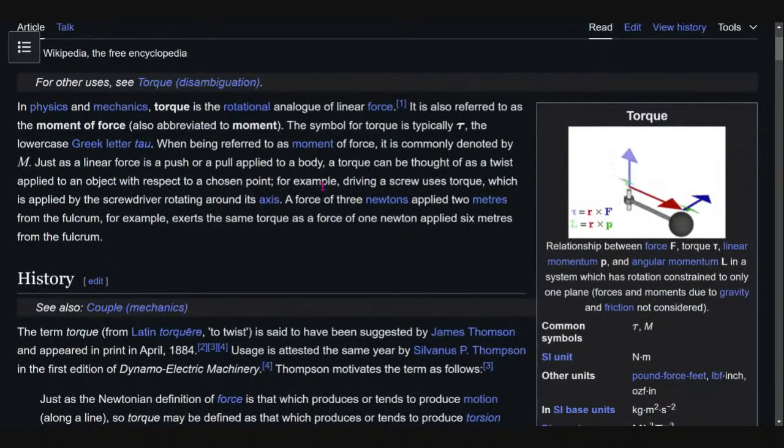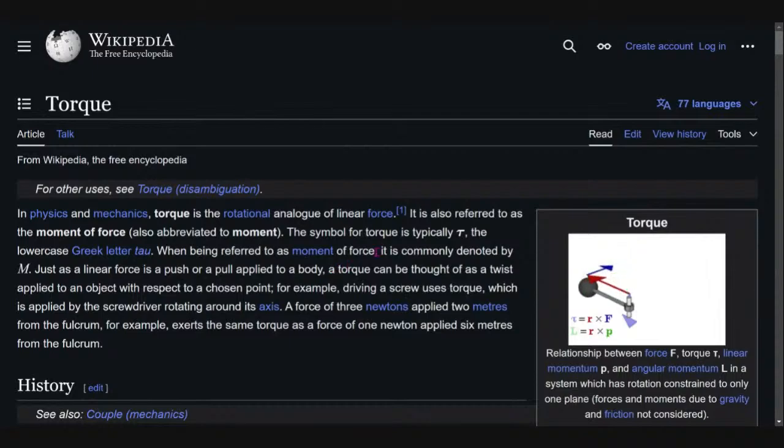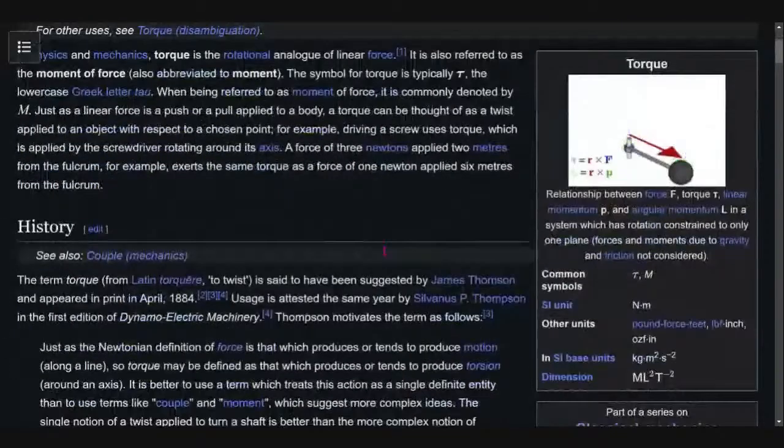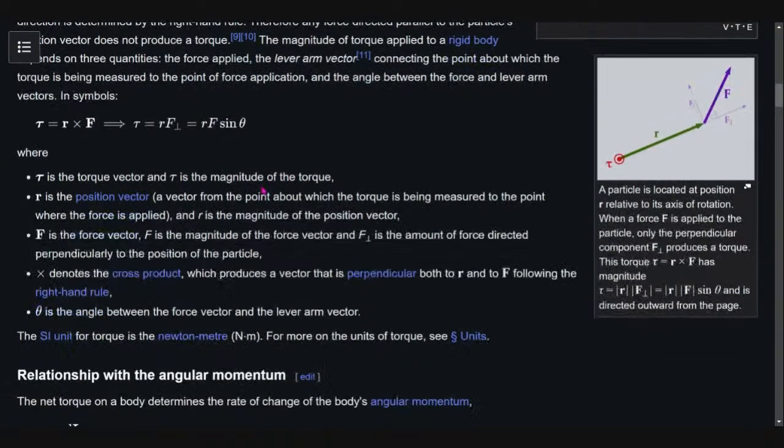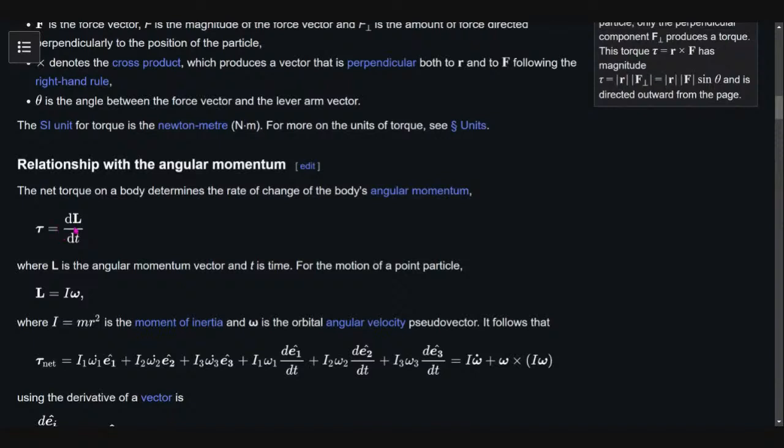Okay, but how does torque change angular momentum? So torque is R cross F. So tau is R times the perpendicular projection of F, which is R F sine theta. Oh, there it is. So torque is the change in L over dt. And L is I omega.